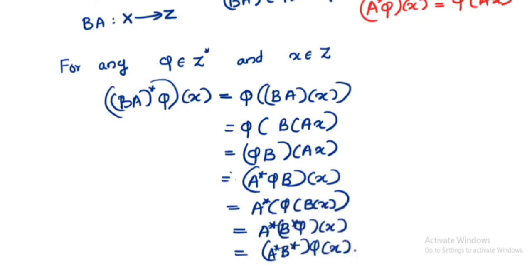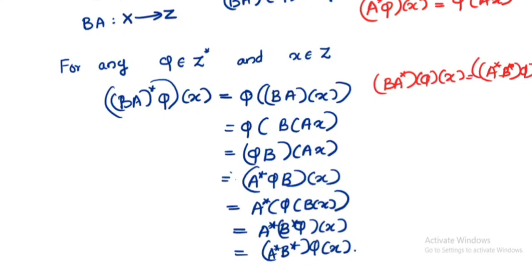Thus for any x belongs to Z, we get BA star phi of x is equal to A star B star phi of x.